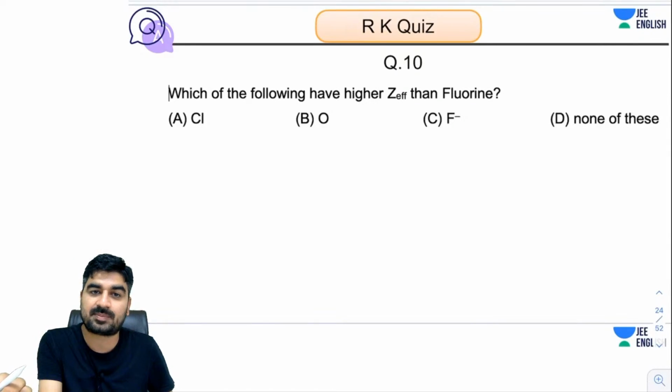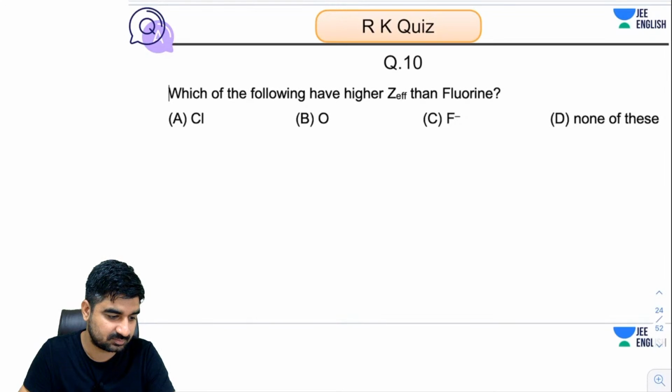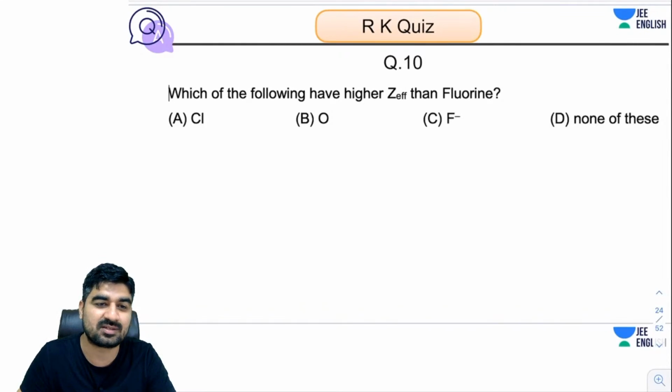Just arrange them as per their position in the periodic table. Arrange them. Sylvester says it's B. Manish says it's A. Captain Jack says it's B. Okay, Manish. Pavan says C. There are many different options.